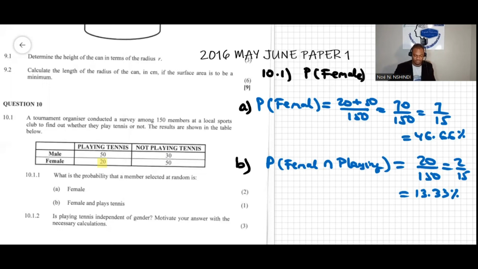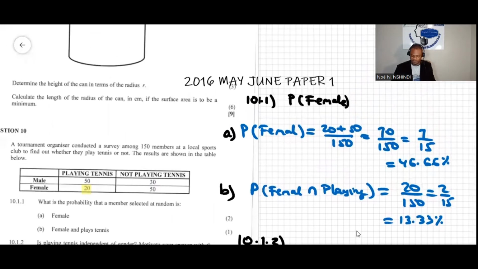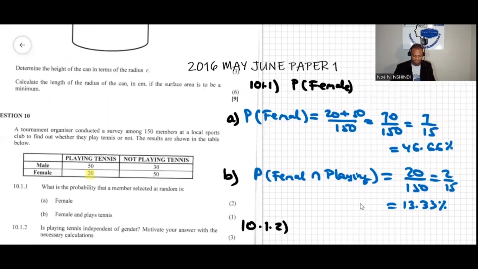Now, that was 10.1.1. Question 10.1.2 says, is playing tennis independent of gender? Motivate your answer.